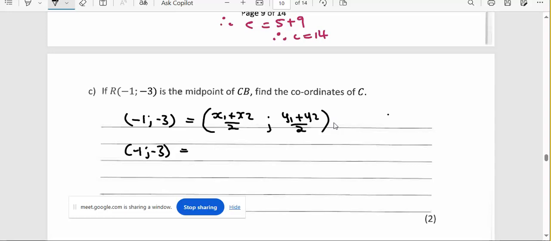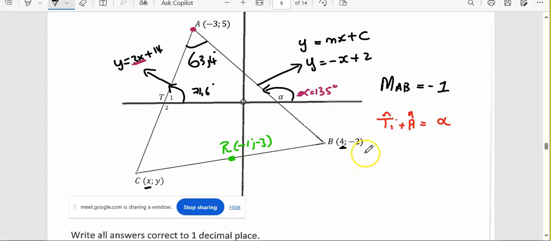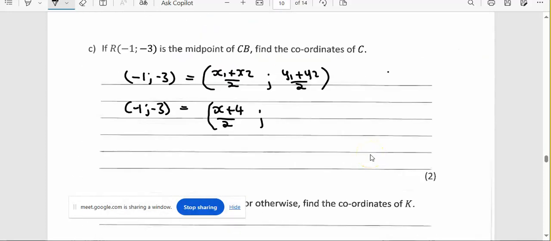It's equal to, in this bracket, we'll have x plus 4 divided by 2. This side will have what? Let's go and check the y. So for C, it's y, then the y of B is -2. So it will be y minus 2. So it's same as y plus -2, which will give us y minus 2 over 2.